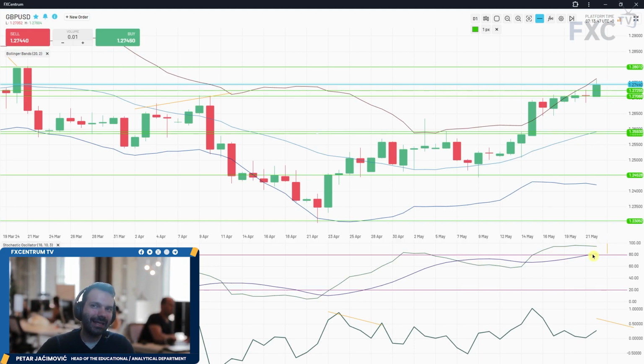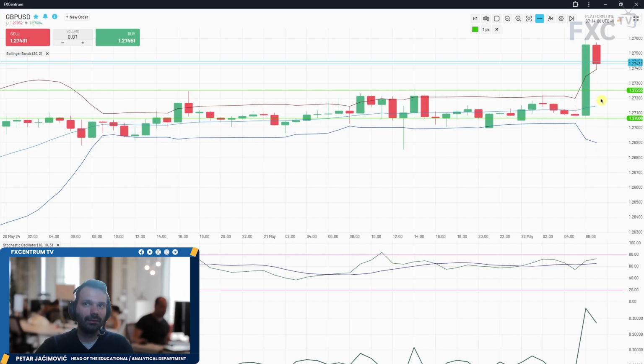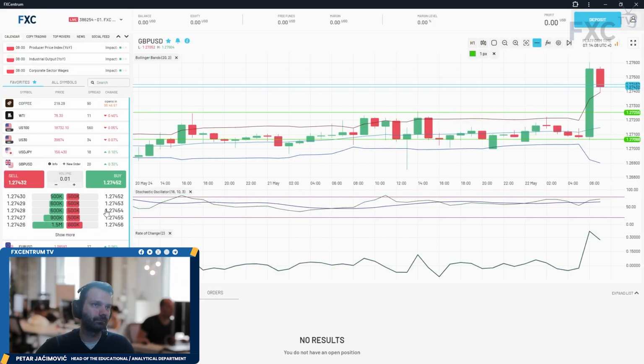The position of stochastic is also extended, and the fast line is trying to decrease the spread between the fast and slow line. So if we see the absorption of this climactic candle after the CPI in the UK, we can definitely have good odds for downside movement here.